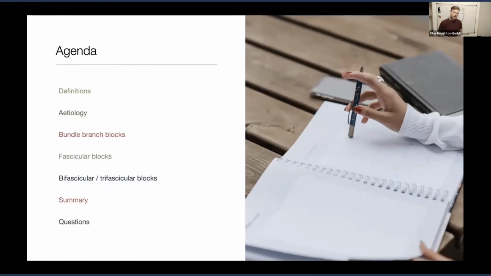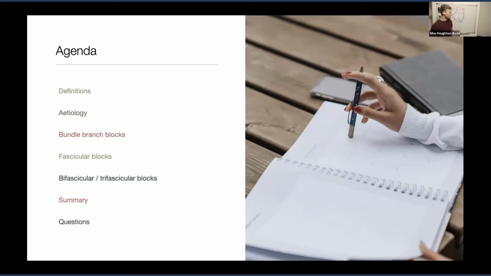And so this evening, I've been asked to talk about bundle branch blocks. As I said, I'm going to broaden out a little bit to include fascicular blocks and combinations of the two or three. And to do so, I've just got this agenda here in which we'll go over some definitions that I think are useful for the context of the presentation. A look at the etiology and causes of these problems.